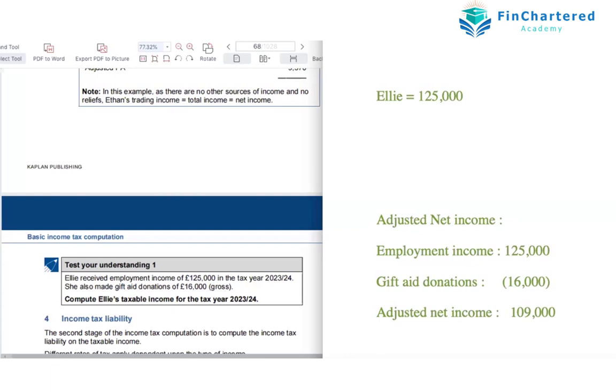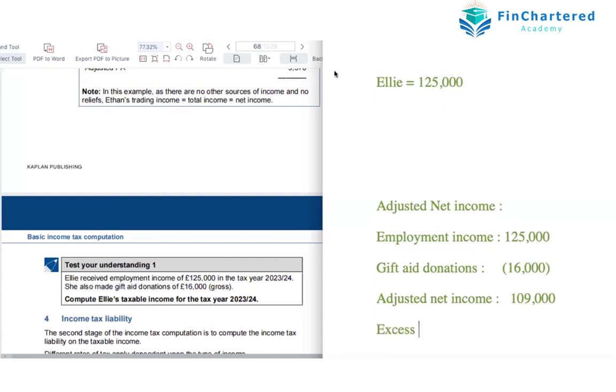Right? Now that you've got the adjusted net income, for any amount above 100,000, what do you do? The excess over 100,000. Because again, Pooja, if your adjusted net income is more than 100,000, for that excess there will be a reduction in the personal allowance. So the excess over 100,000 in your ANI is how much? 9,000.